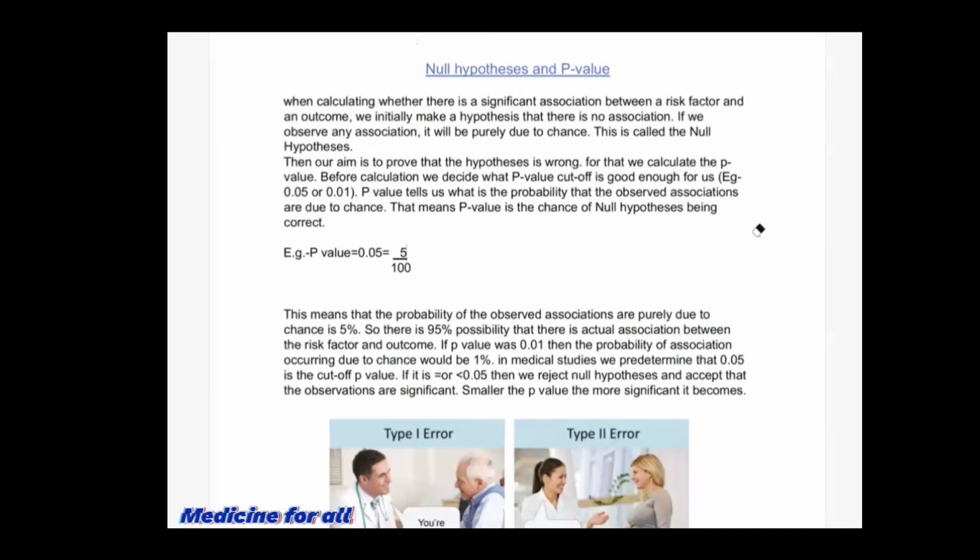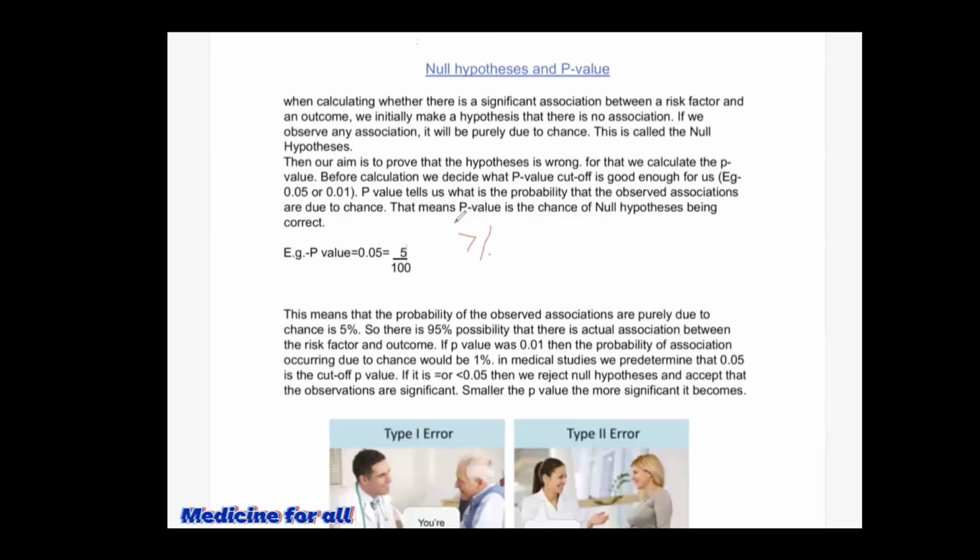Let's take, you find something like a p-value of 0.07, right? So 0.07 means 7%. So you find from the study that the p-value is this. That means the chance that the association you find between the risk factor and the outcome is due to luck or just chance is 7%.